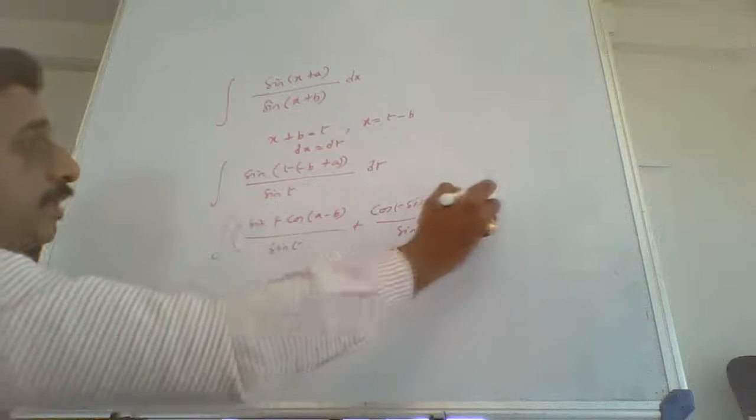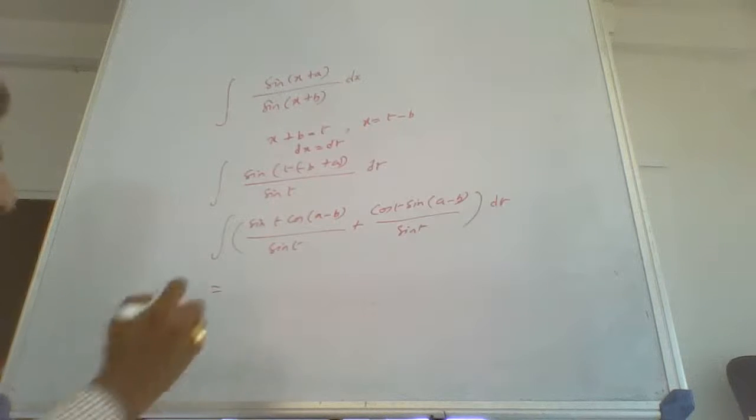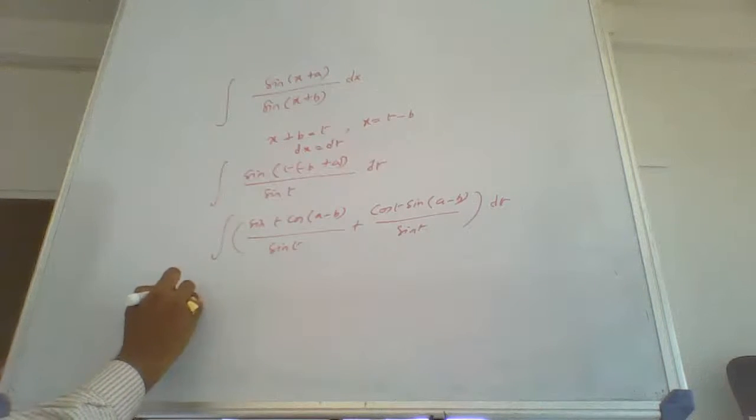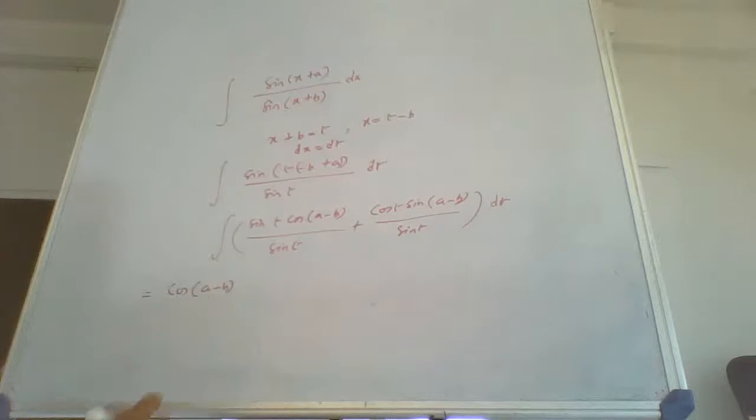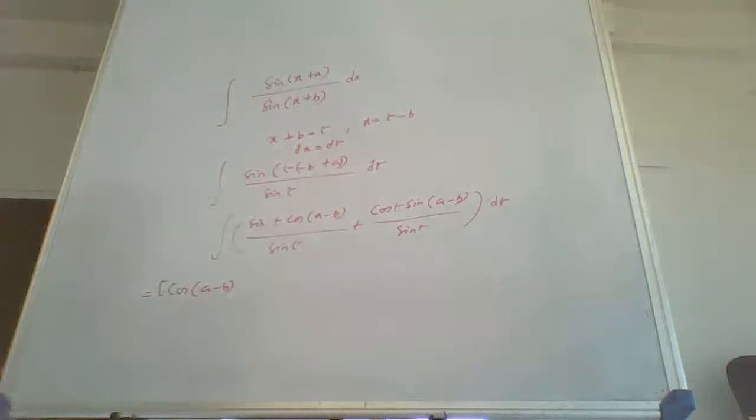This whole thing will be dt. Now, if you see here, I can cancel out sine and sine. So I'll be left with only cos of a minus b, which is constant. Integration of dt will be t. So this is done.